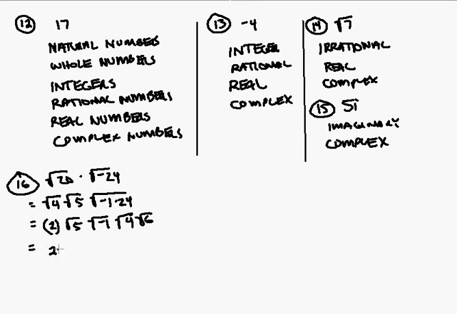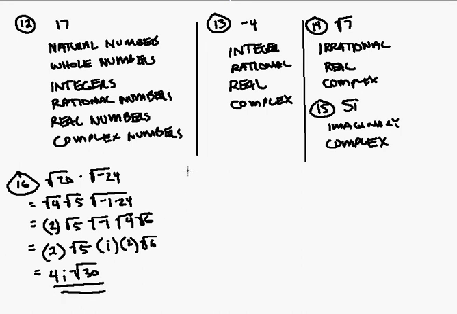So here we have 2 square root of 5. We have i. We have 2. We have square root of 6. So we have 4 times i times the square root of 30. And we're done with 16.